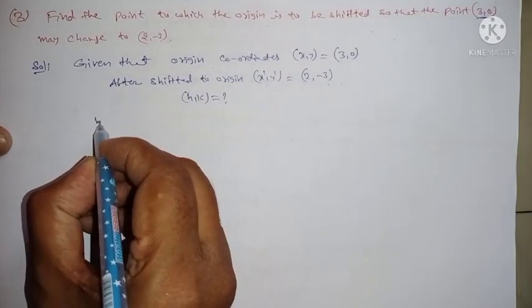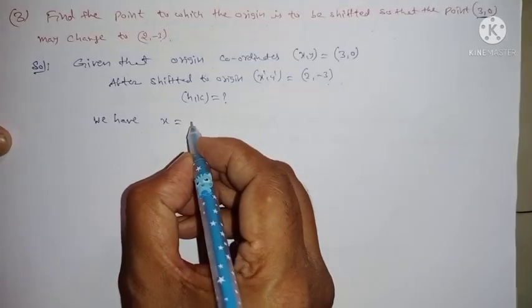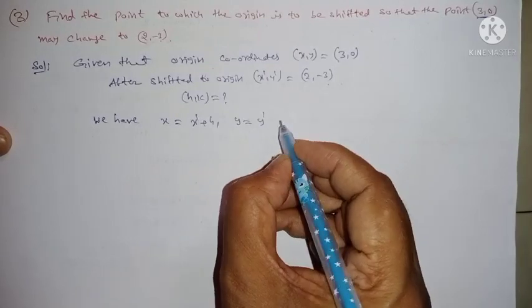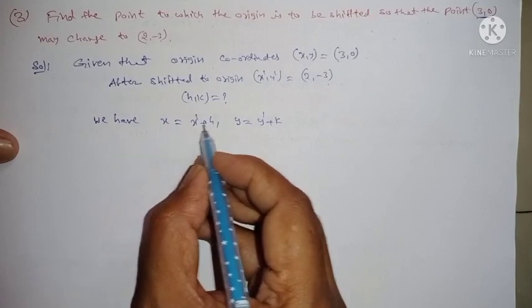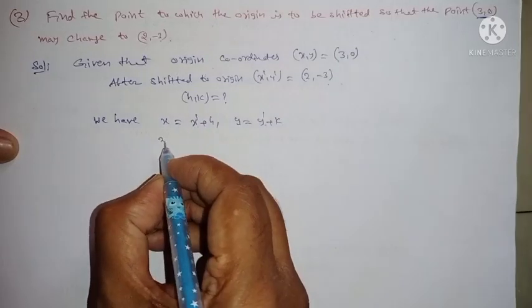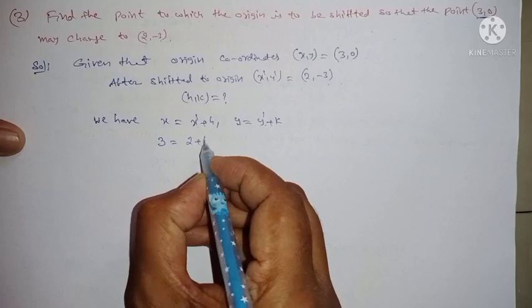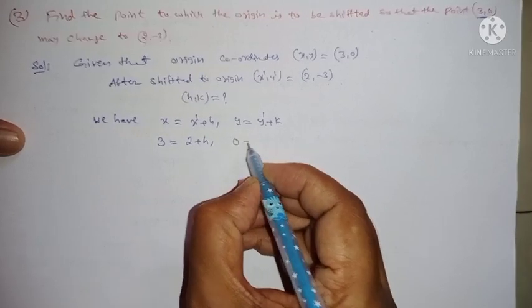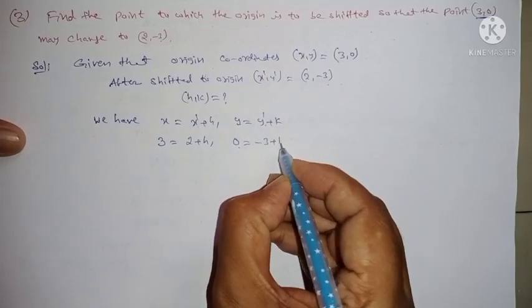Therefore, we have the formula x = x' + h, y = y' + k. Substitute x, x', y and y'. 3 = 2 + h, and y = 0, y' = -3, so 0 = -3 + k.